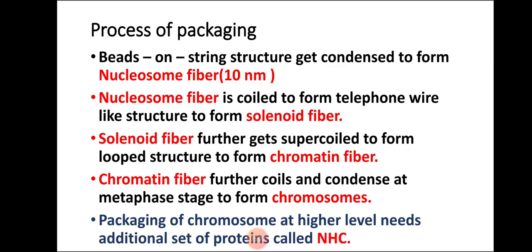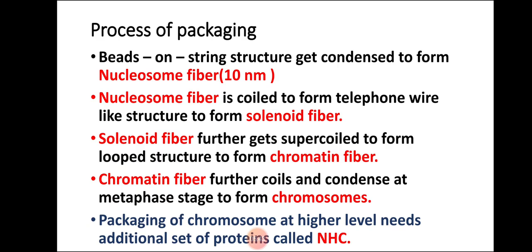Now coming to the actual process of packaging. We have seen the beads on string structure. This beads on string structure gets condensed to form the nucleosome fiber, which is 10 nanometer in diameter. Then this nucleosome fiber is coiled to form a telephone wire-like structure, the solenoid fiber. Then the solenoid fiber further gets supercoiled to form a looped structure and forms the chromatin fiber.